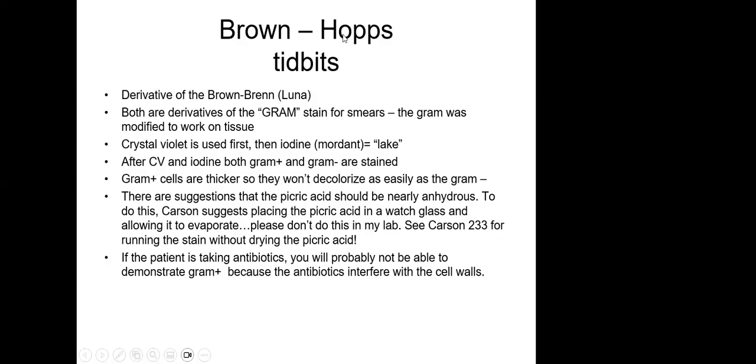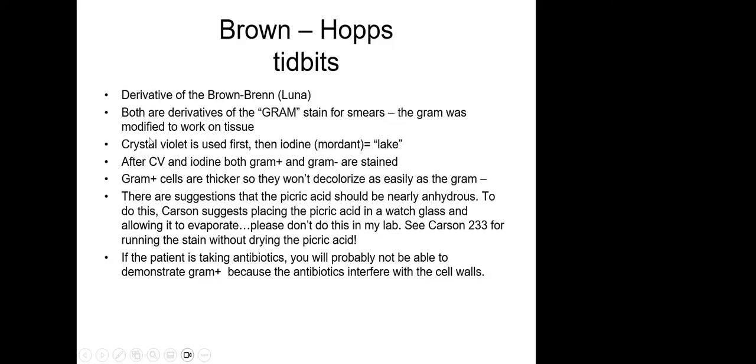So when you bring in your smears, you're actually going to run a Brown and Hopps rather than a gram stain. The gram stain itself is more for blood smears as opposed to cytology smears.